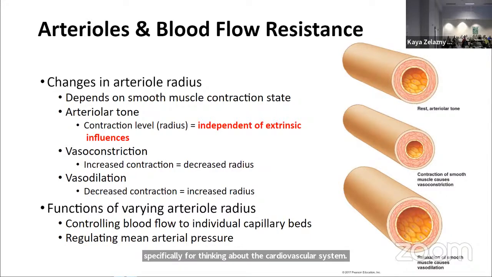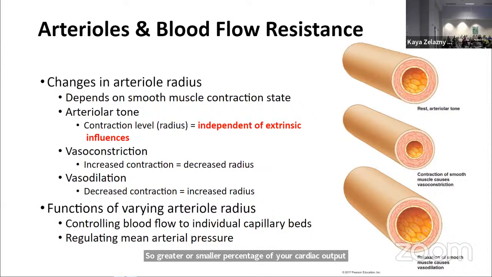So we're controlling specifically how much blood is going to an individual capillary bed attached to that arteriole. That's important because depending on what you're doing, different organs are going to need more or less blood. So a greater or smaller percentage of your cardiac output should go to different organs depending on their needs.